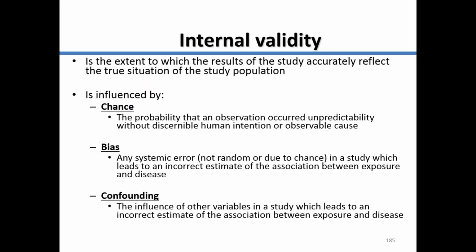Chance, that's where the p-values come in. That's different from bias. Bias is systematic error. Confounding is systematic error that relates to the fact that, remember we talked about coffee drinking and lung cancer? You don't control for confounding from smoking. Why? Now, coffee doesn't increase your risk of lung cancer, so feel free to go to Starbucks, unless people in Starbucks are smoking or you're smoking in Starbucks. But otherwise, coffee drinking is not associated with lung cancer risk.